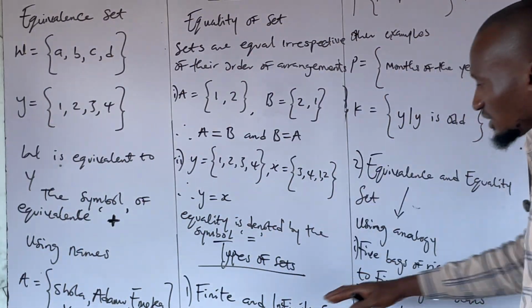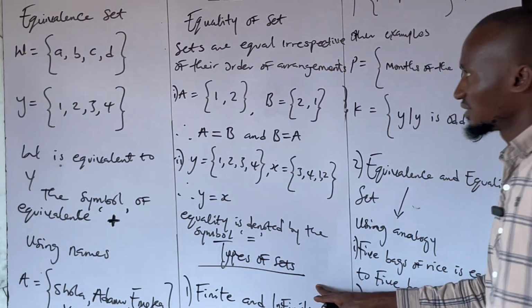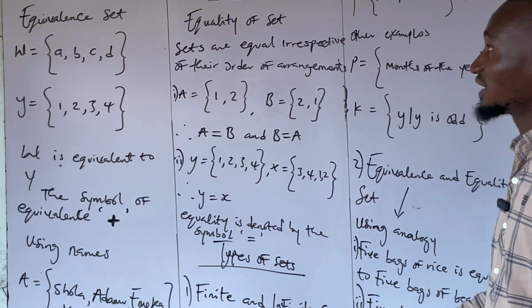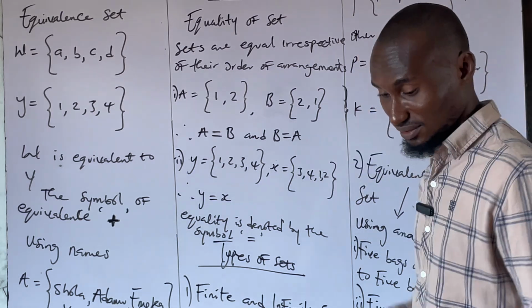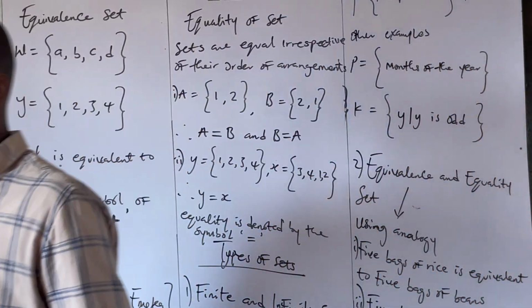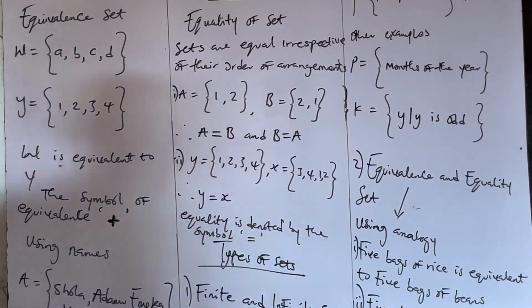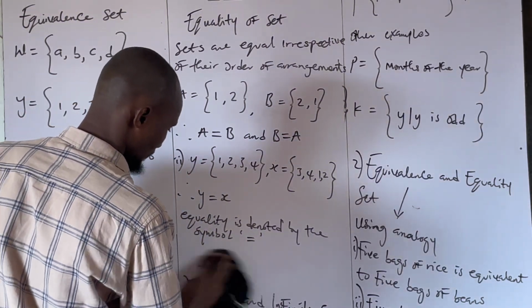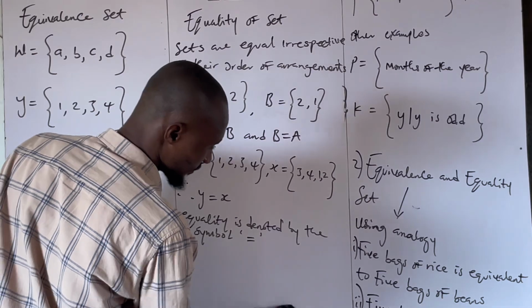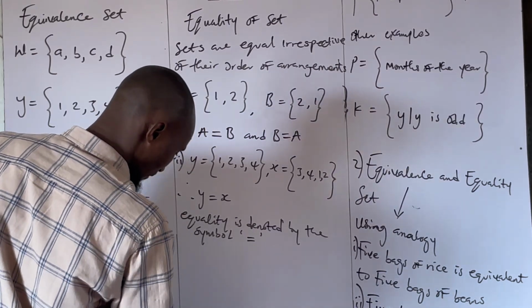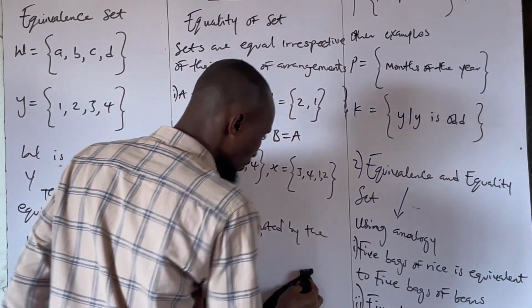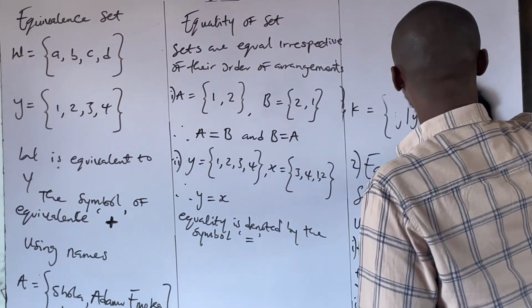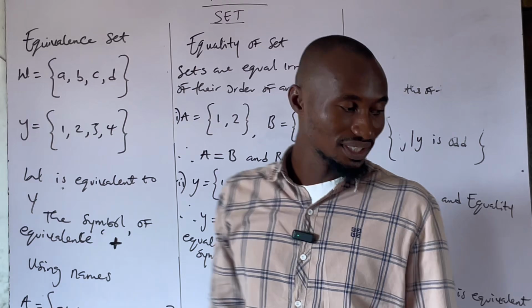I'll just write it. Null. That is N-U-L-L. We don't call it non-set. We call it what? Empty set.